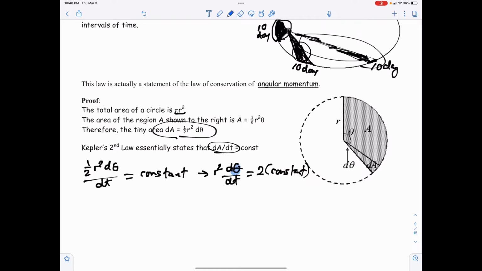Now, recall, what is d theta/dt? That would be omega. So far, what do we have? We have r squared omega equals 2 times a constant.